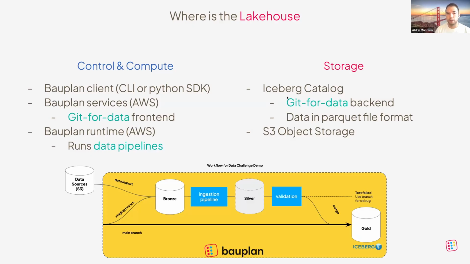As far as storage goes, Bauplan uses Iceberg on top of S3. So you'll see on the left here, there are some data sources that come from S3. And then on the right, we have the gold layer, right? Usually the gold layer is just some subset of the tables, but ultimately the lakehouse is entirely stored in Iceberg. The Iceberg catalog we use provides a git-for-data backend. So here you'll see there's a main branch, shown by the thicker line. Then we have this other branch, which we call a staging branch for this demo, where all the other work is done.